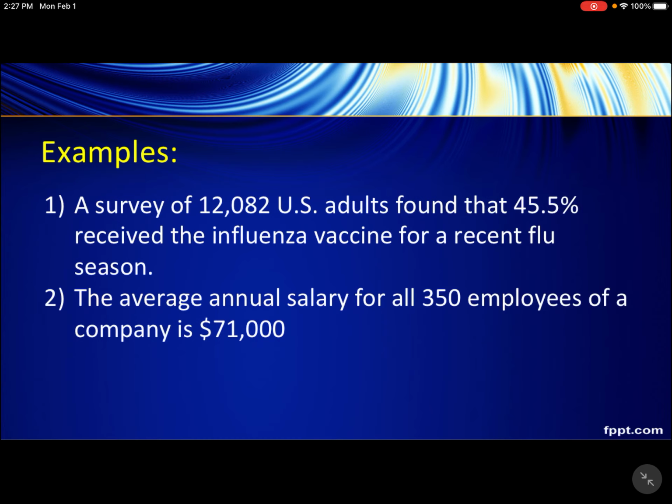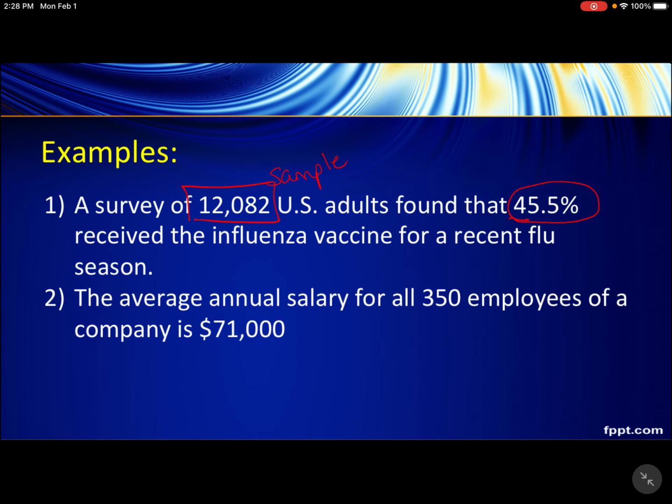So looking at a couple of examples, a survey of 12,082 U.S. adults found that 45.5% received the influenza vaccine for a recent flu season. So the characteristic that we're talking about is this 45.5%. Since that was calculated on only 12,000 U.S. adults, which there are obviously more than 12,000 U.S. adults, this is a sample of information.